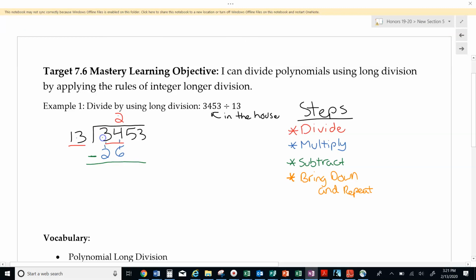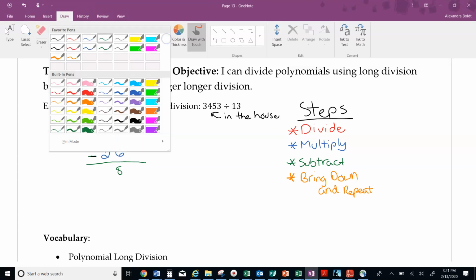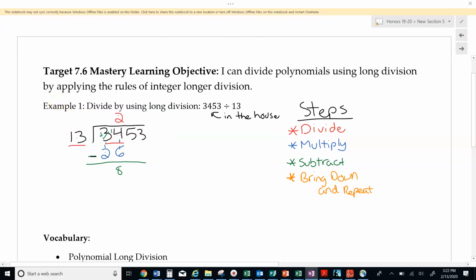So I have 34 minus 26. Well, I get 4 minus 6, so 14 minus 6 is 8. 2 minus 2 is just nothing. So 34 minus 26 is 8. And then our last step is to bring down.